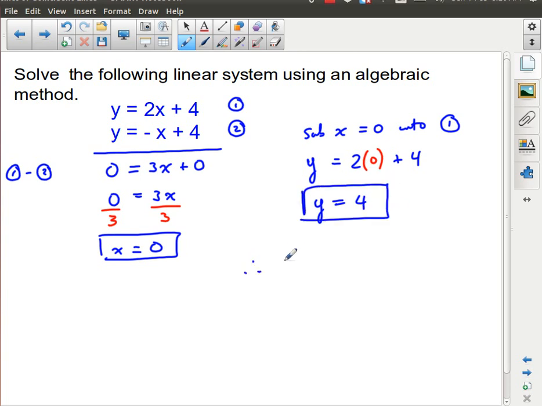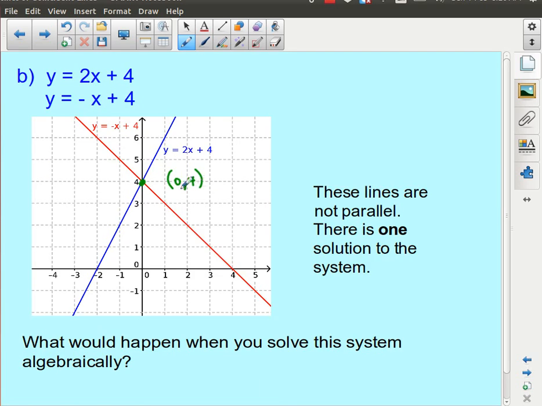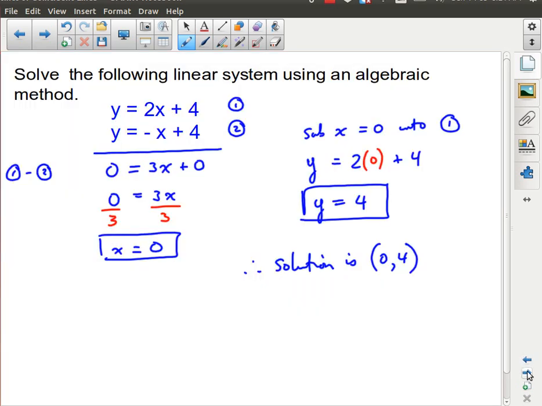Therefore, my solution is the point x equals 0, y equals 4, or (0, 4), and that is exactly what we predicted from our graph. So nothing new about that one.